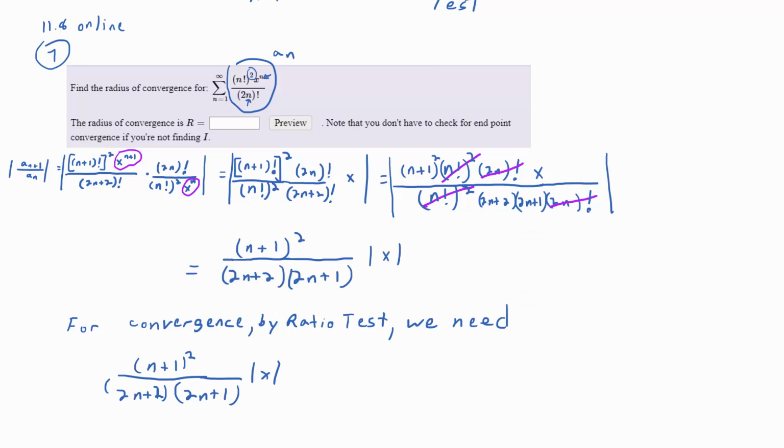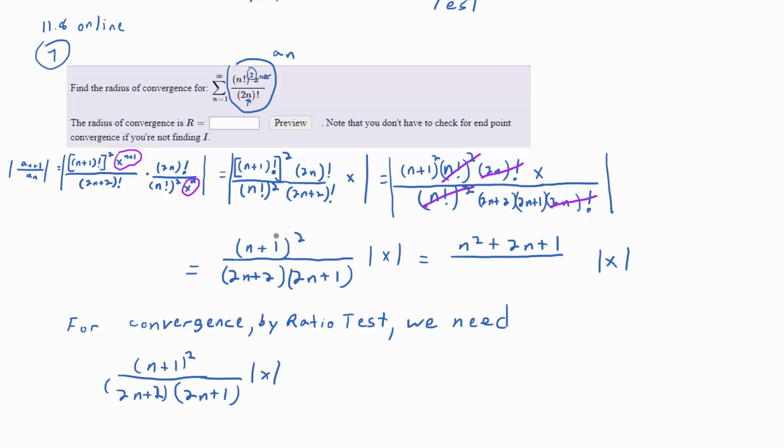If you were to multiply everything out here, you'd get a degree 2 polynomial on top and a degree 2 polynomial on the bottom. But what is the lead coefficient going to be? If you actually do the multiplication, you get n squared plus 2n plus 1 on top, with the absolute value of x out here.